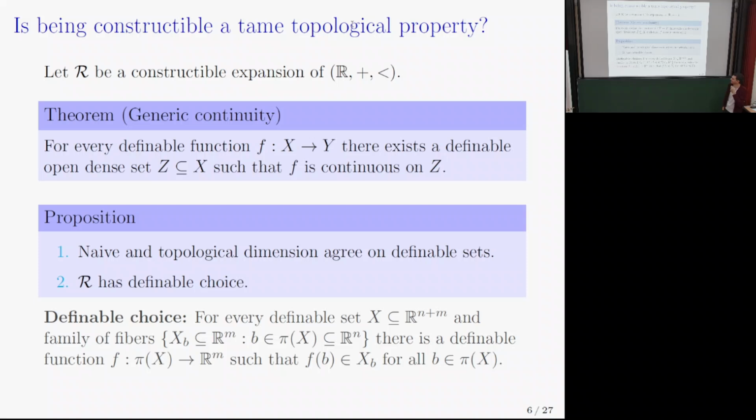This works at least in this case where we are thinking about structures over the reals. It's just the definition of definable choice: we can choose a point along fibers in a definable sense. All right, I could say more about constructability, and there are certainly interesting questions, but I hope I more or less convinced you that this is a nice setting. And with that, let's move to NTP2.